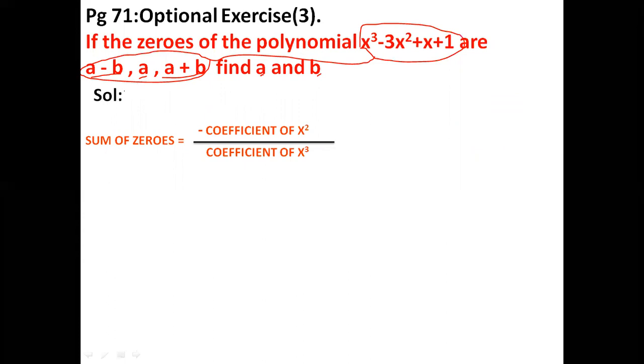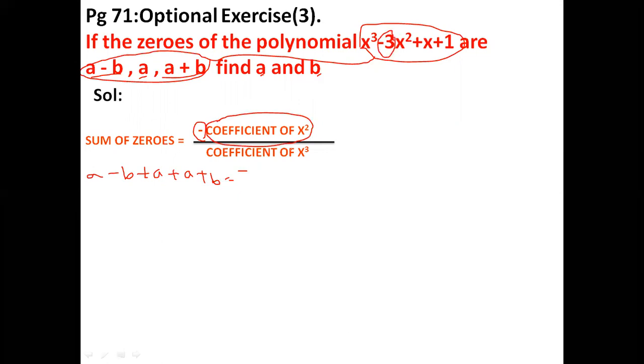If we add these three zeros, we get a minus b plus a plus a plus b is equal to, here minus is there, so write minus. And what is the coefficient of x square in the given cubic polynomial? Here what is the coefficient of x square?